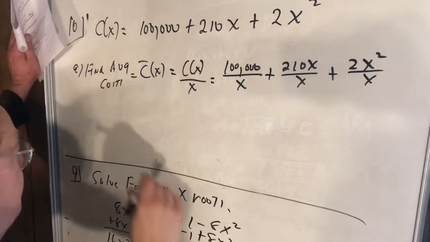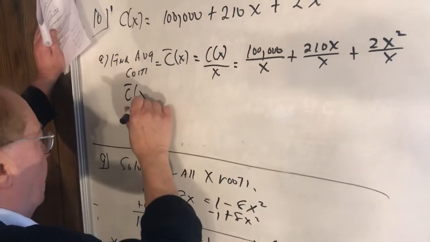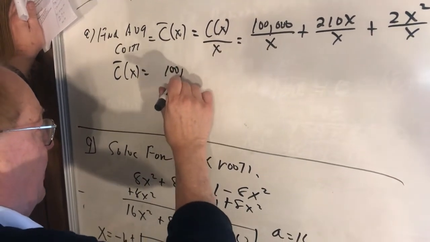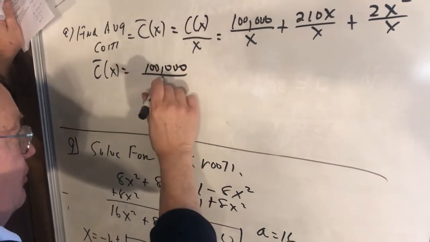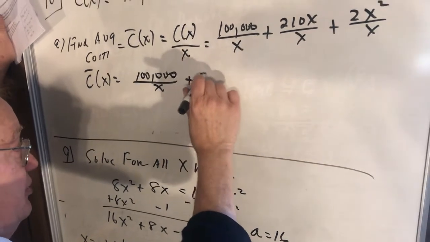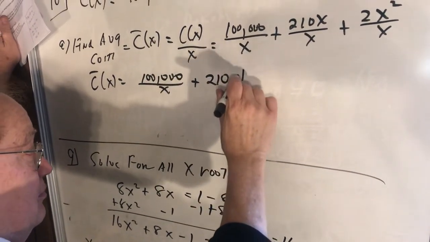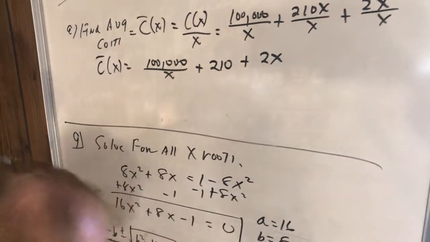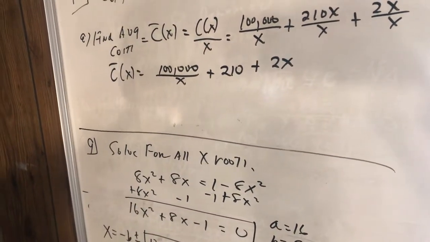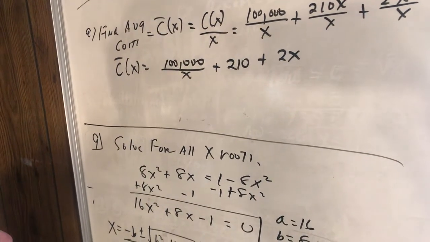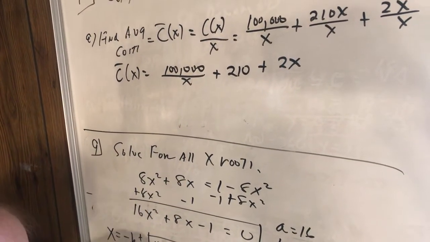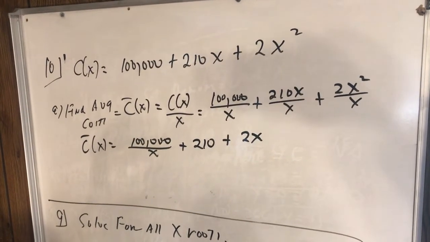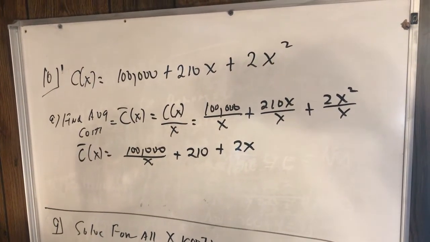So what do we get here? Our average cost, the cost with a little bar over it, is 100,000 over x plus 210, all alone, plus 2x. All right, that is not a real polynomial function. It does have a bit of a weird graph. So this is the average cost equation.